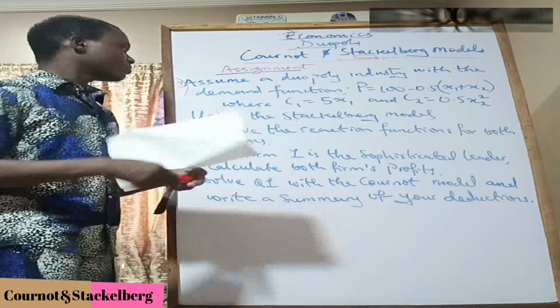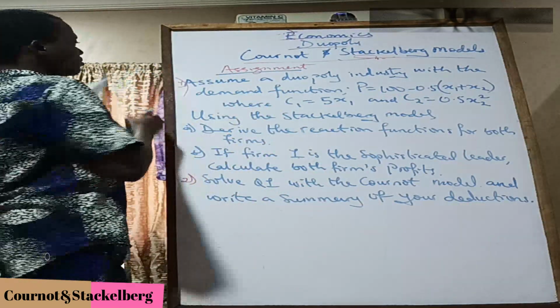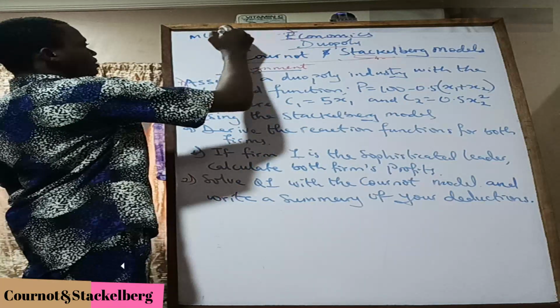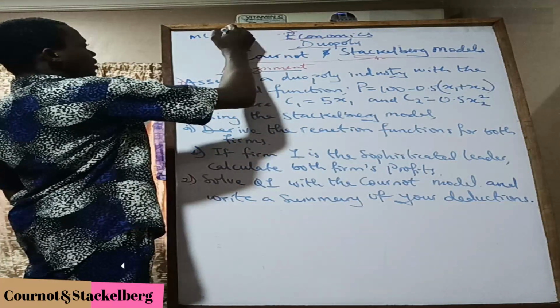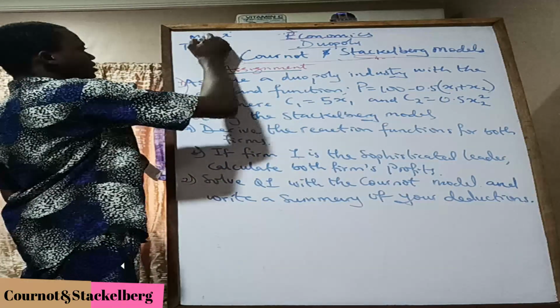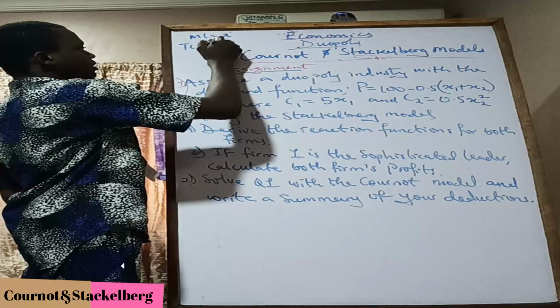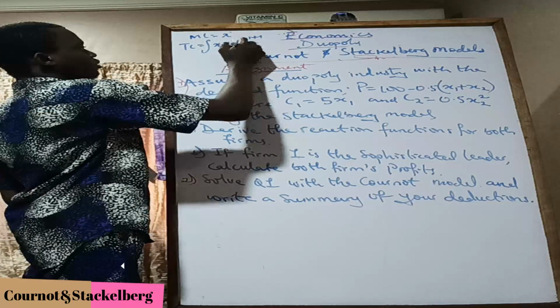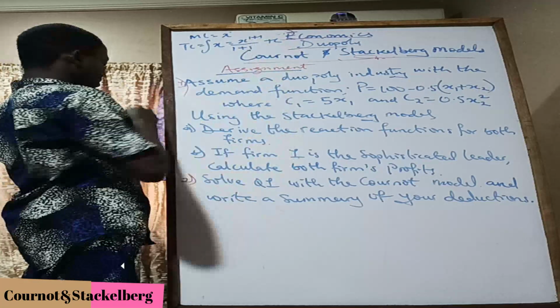Now, what do I mean? If your MC was given as just x, right? So your TC is the integral of x, which is going to give you x to the power of 1 plus 1 over 1 plus 1, plus a constant c.